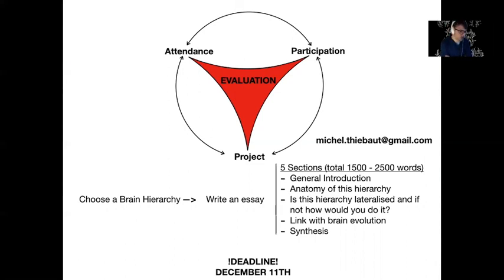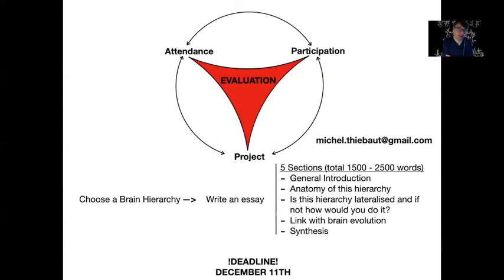Starting with a general introduction where you will get me excited about the hierarchy in the brain of your choice. Then you will tell me a little bit about the anatomy of this hierarchy. Then I want you to do some research to see whether this hierarchy is lateralized, and if you don't find anything, suggest ideas on how you would investigate the brain lateralization of this hierarchy.